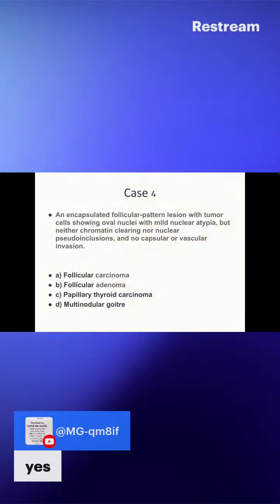Okay, so case number 4. An encapsulated follicular pattern lesion with the tumor cells showing oval nuclei with mild nuclear atypia, but neither chromatin clearing nor nuclear pseudo-inclusion, and no capsular or vascular invasion.